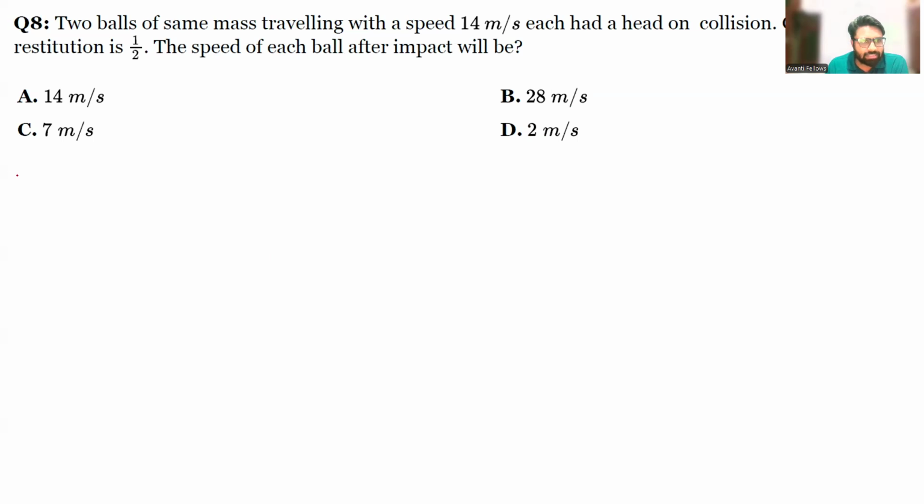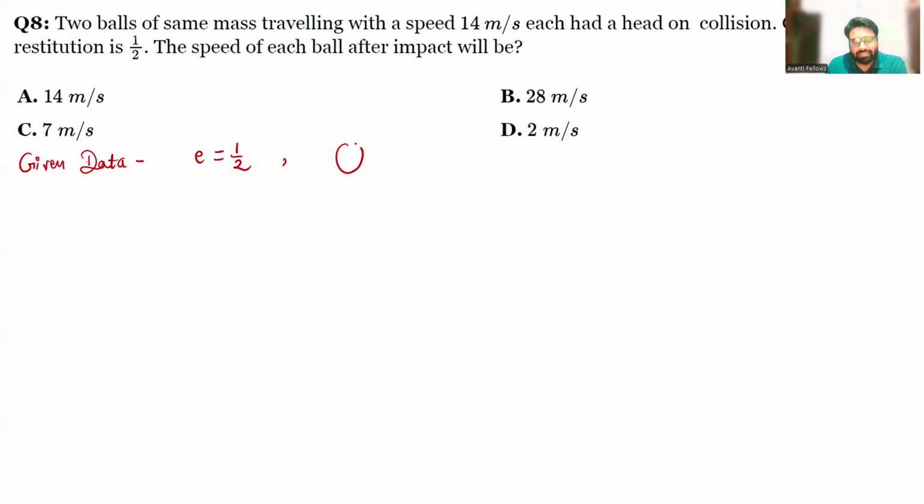So firstly, we will write what is given. Given data. We represent the coefficient of restitution as e. So the value of e given here is 1 by 2. Another thing that is also given is that the two balls have the same mass.